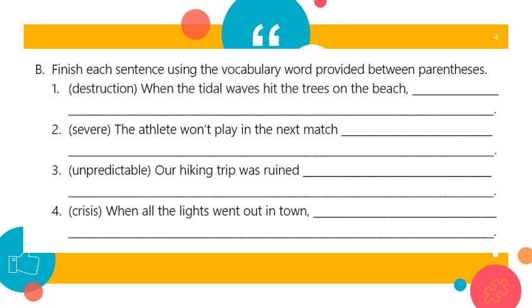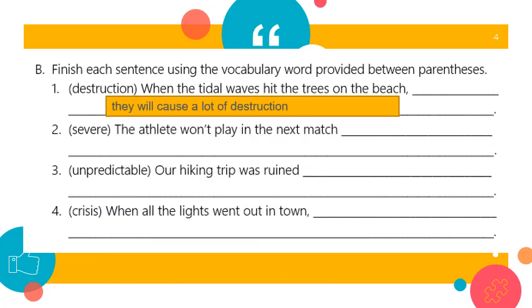When the tidal waves hit the trees on the beach, now I have to finish the sentence using the word destruction. What happens when the tidal waves hit the trees on the beach? They will cause a lot of destruction. And if you notice, I didn't add the period beside destruction because it's added at the end of the line.